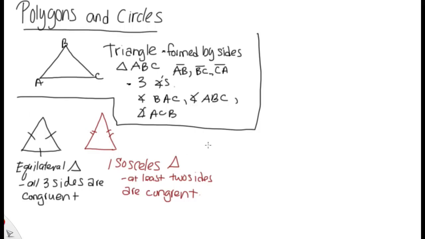Next we'll look at a scalene triangle. Scalene triangles have no two sides that are congruent.